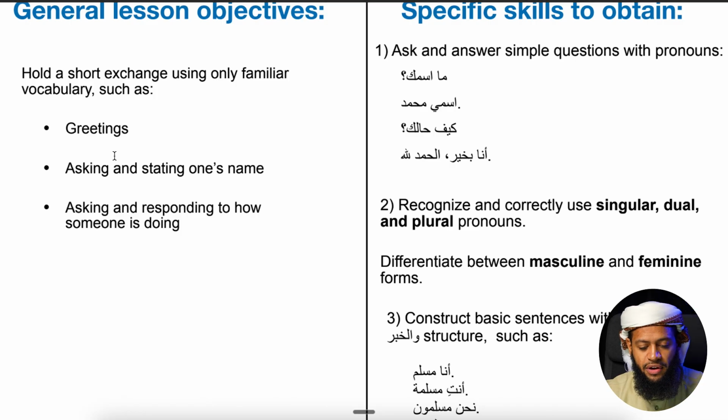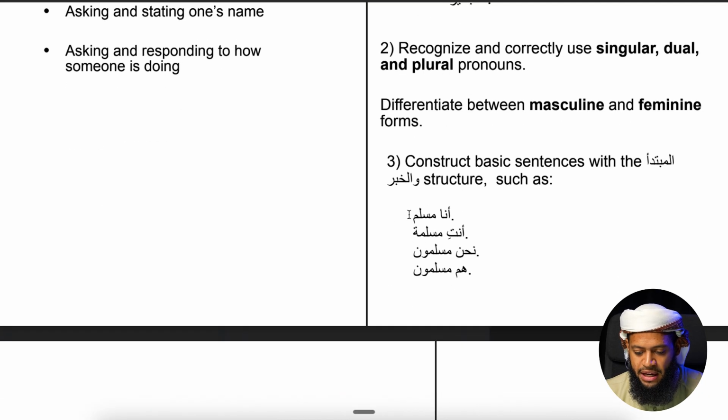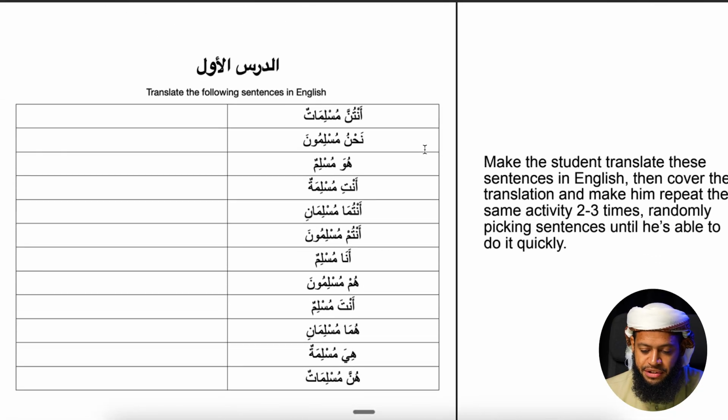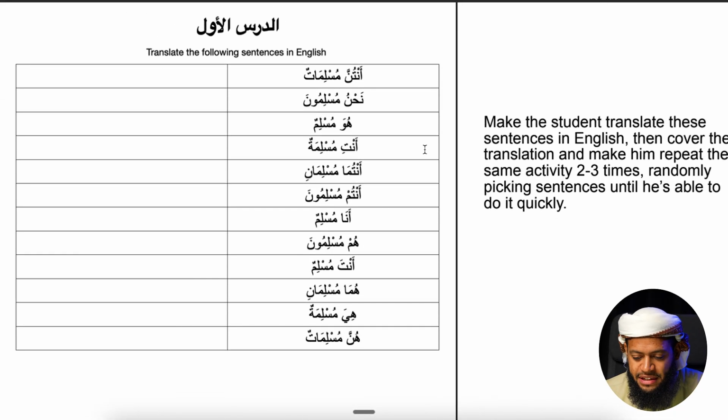Assalamu alaikum, wa alaikum assalam, kayf al-hal, how are you doing, etc. Then we will ask you about your name, how are you, and so on. And we will try to make sure that you differentiate between masculine and feminine, which is part of lesson number 1. Then, amongst other exercises, as the level increases, there are different exercises.